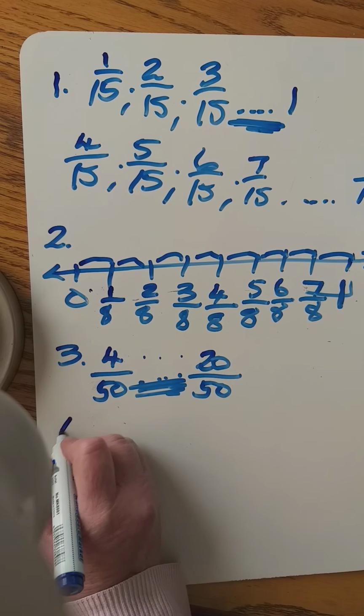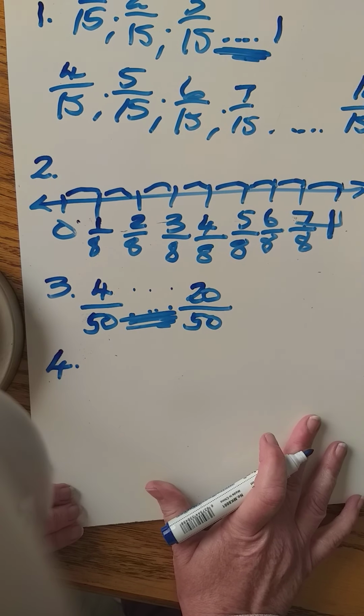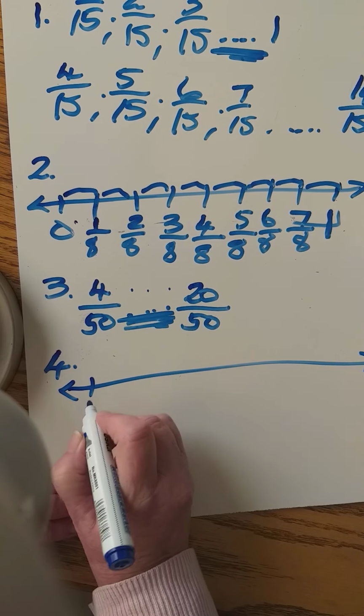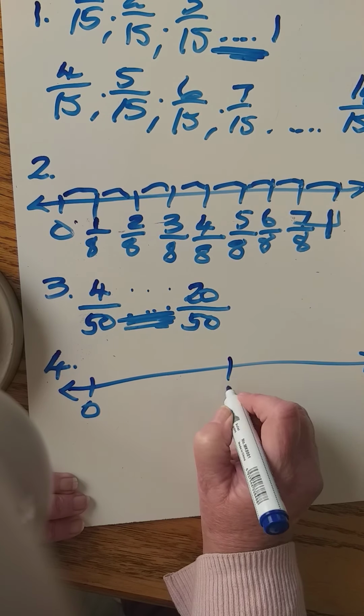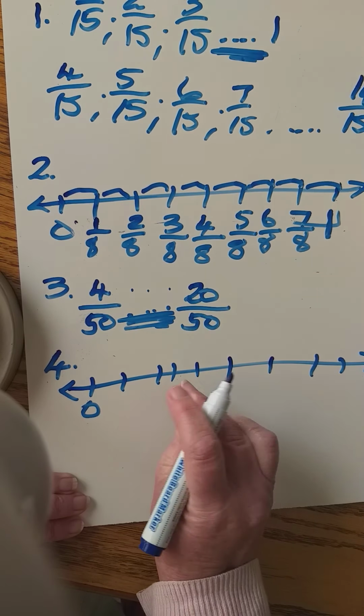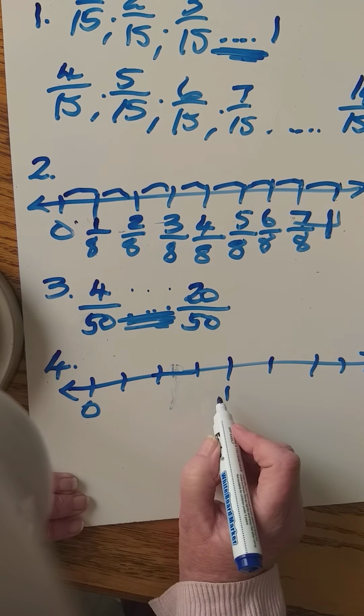Okay, number 4. Complete the number lines. Now they're a little bit different, guys. We have got a number line that's got 0 here, 1 here, and then it's got more intervals. So if I say to you, right guys, how many intervals are here?